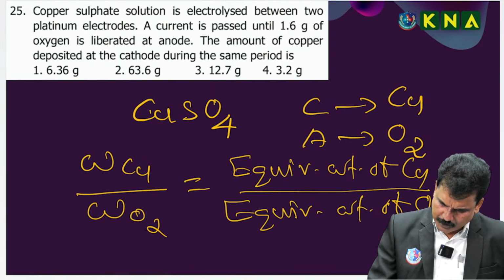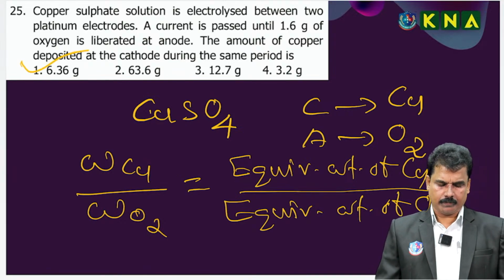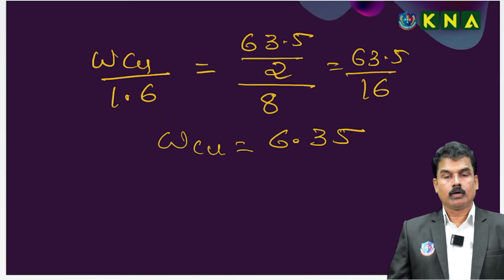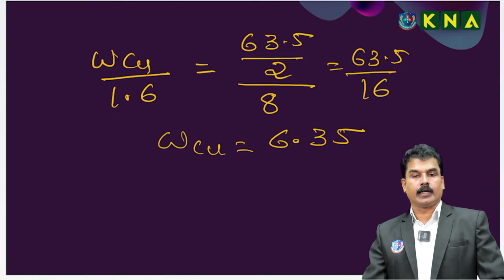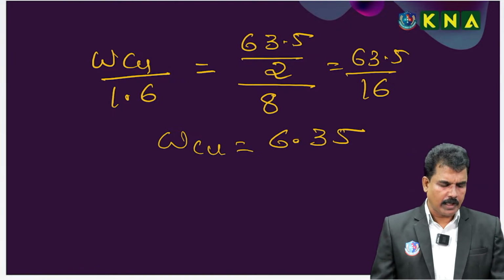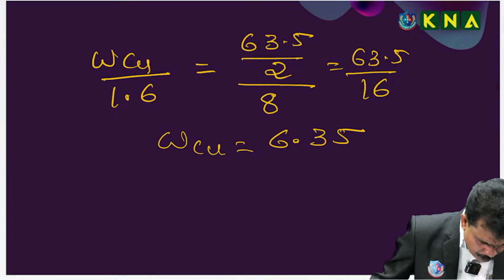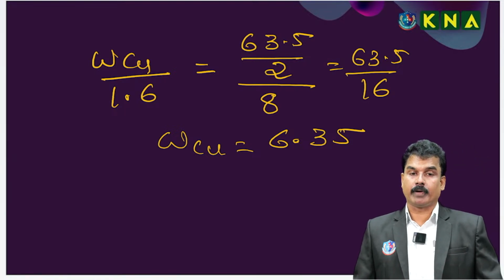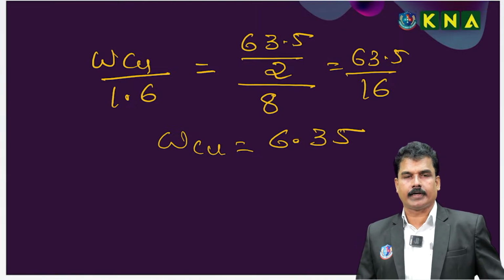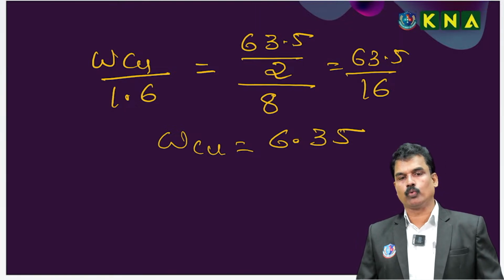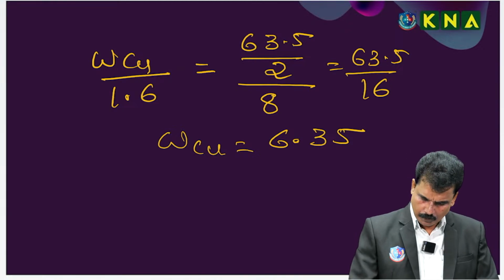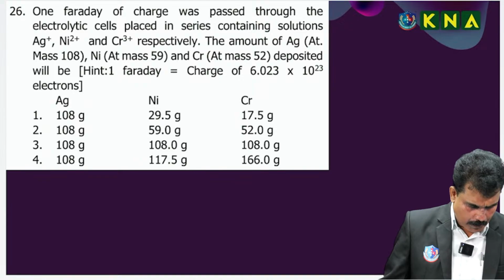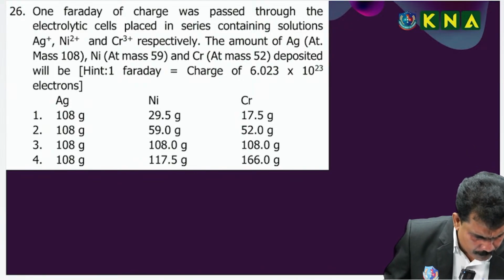So 6.35, the first option is the correct option. Clear now? The ratio of their weights we can equate with the equivalent weights. What is the equivalent weight of oxygen? Equivalent weight is equal to atomic weight by valency. For oxygen the equivalent weight is 8, 16 by 2. Okay. Then next question, question number 26.